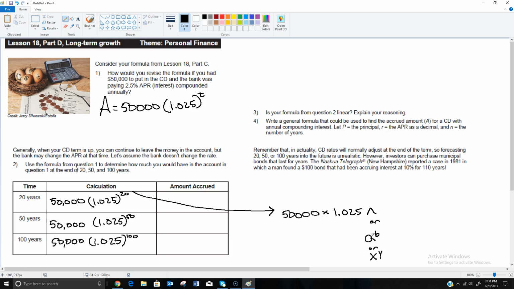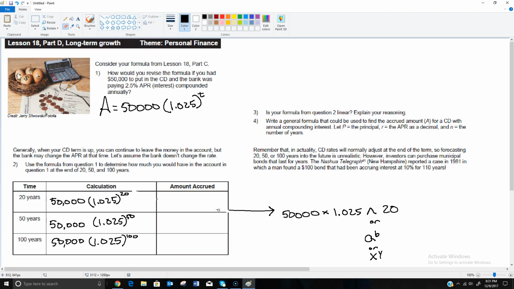These can be different variables. So it could be a to the power of b, b to the power of a, x to the y, y to the x. These are just saying it could be any numbers in here, so they could use any variables to represent that. Or you'll have this little caret sign, they call it, which means like up with the following number. So you would do that, and then you would do the 20. So that's how you do the exponent button on your calculator, because you sure don't want to multiply by 1.025 20 times by hand.